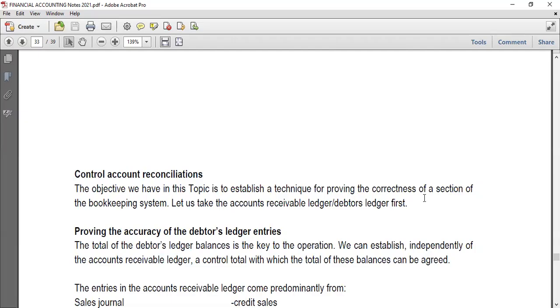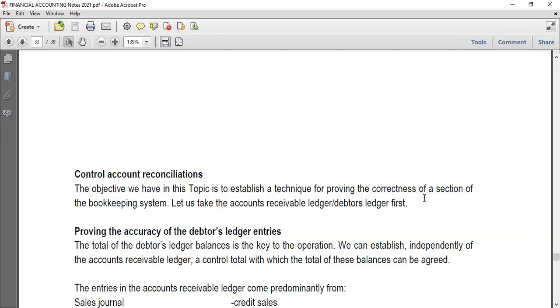So now we should also know what we do when it comes to control account reconciliation, okay? We should understand what comes with a control account reconciliation. Of course, when we are doing the control account reconciliation, we have to make use of the actual account.